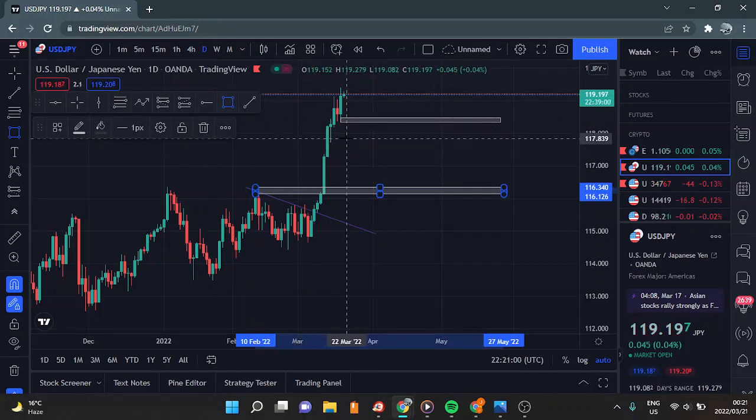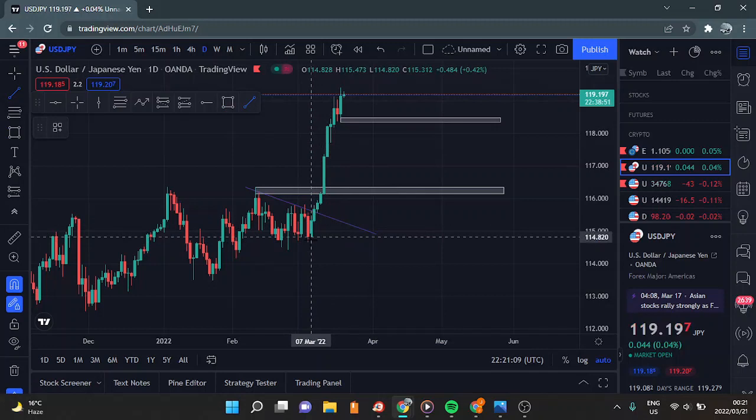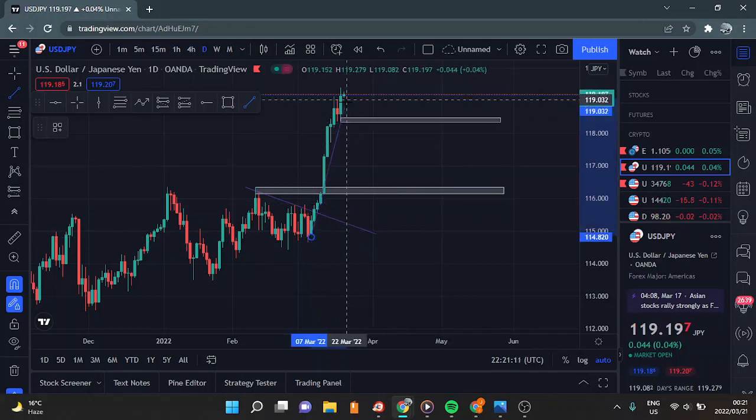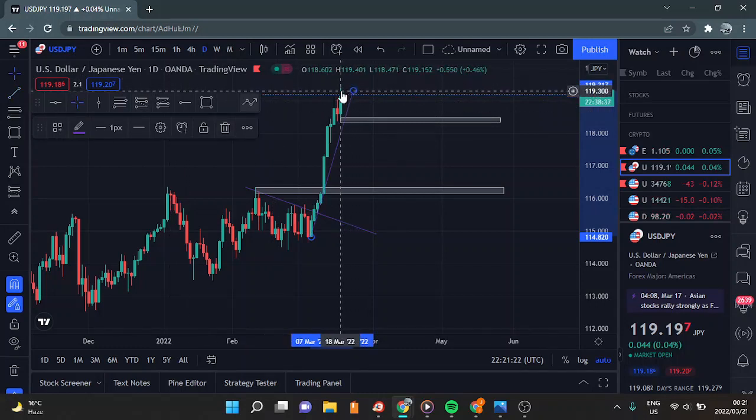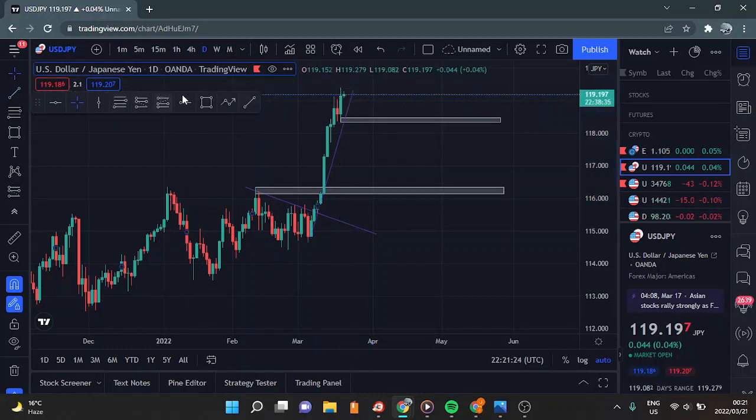So as the market pushed up, expecting it to come back and give us a retest, go back up, or if it breaks out of the structure, expecting it to sell, depending on the momentum of the market, it's gonna come here and go back up.